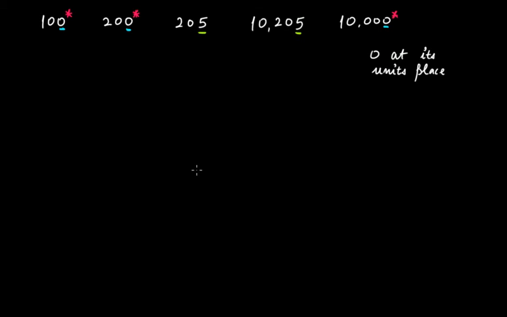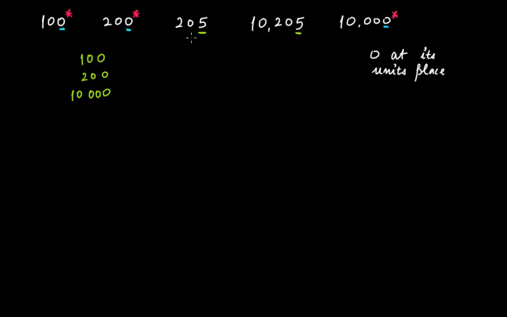So these numbers will not be divisible by 10 because they don't have the digit 0 at their units place. So 100, 200 and 10,000, out of these 5 numbers, are the 3 numbers which will be divisible by 10.